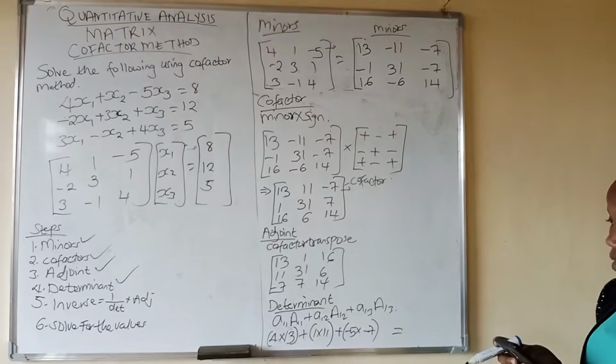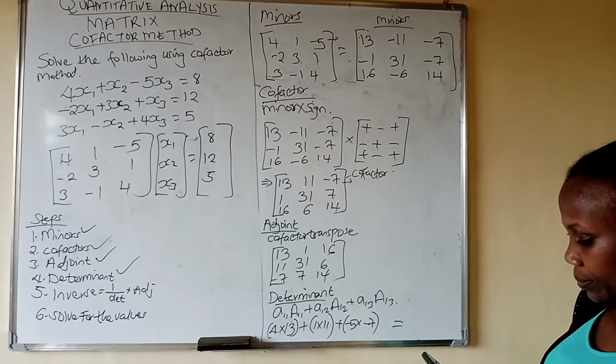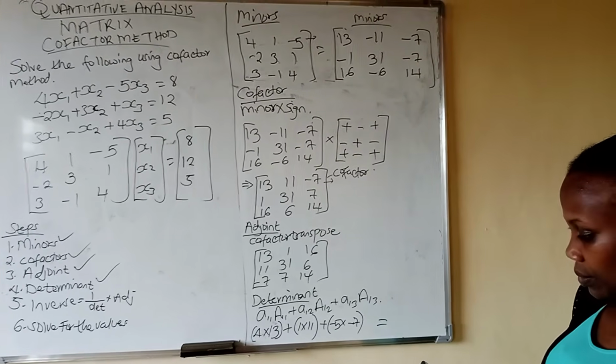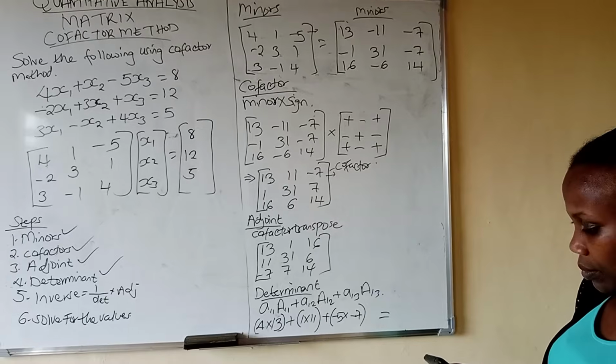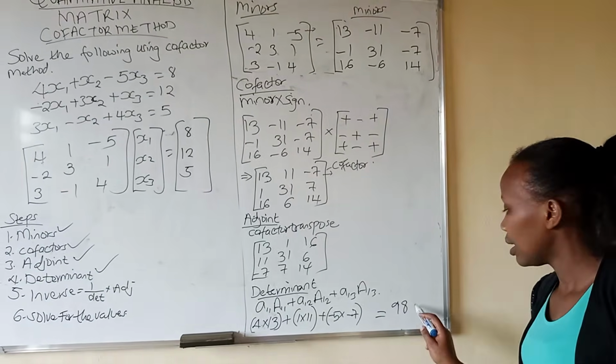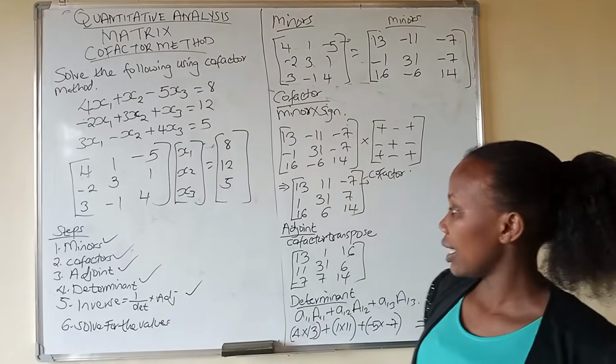Remember, that is how you get the determinant. So you are going to get the determinant as 98. The next step is to get the inverse.